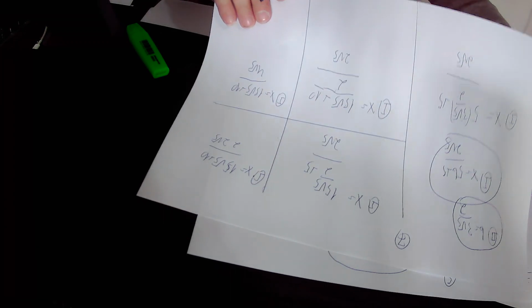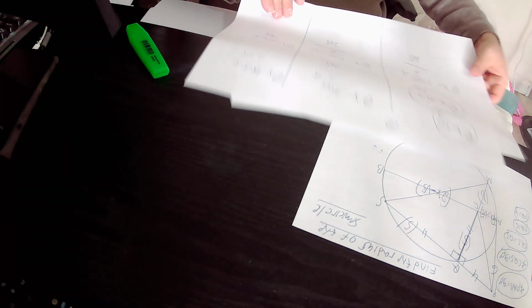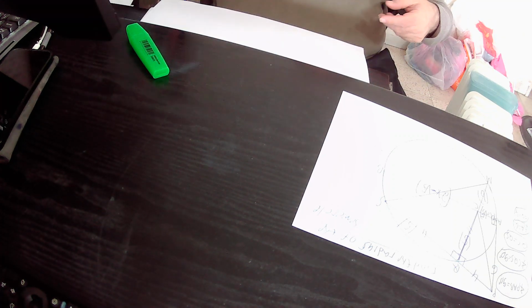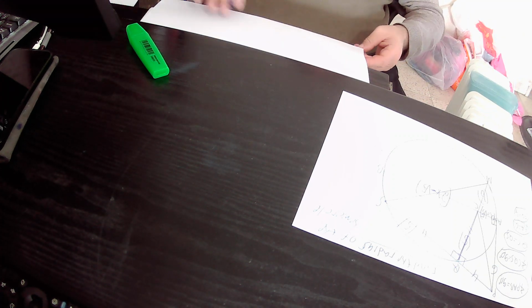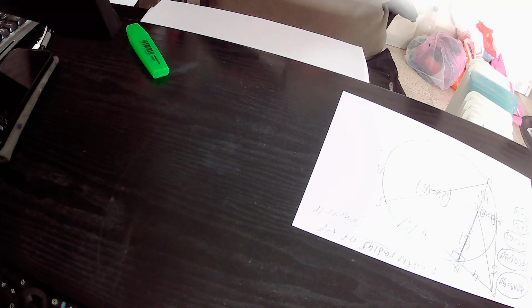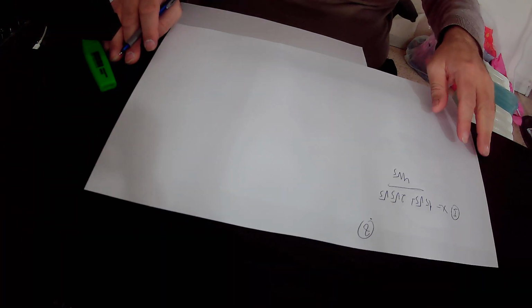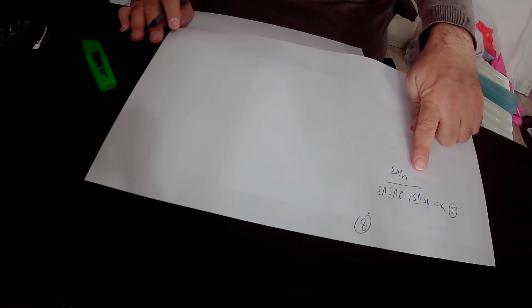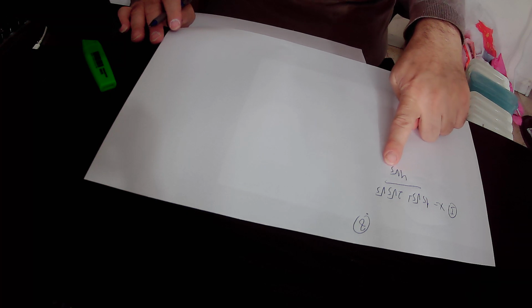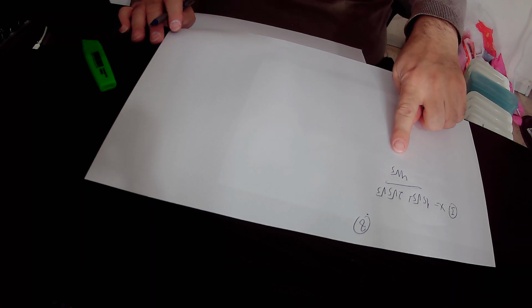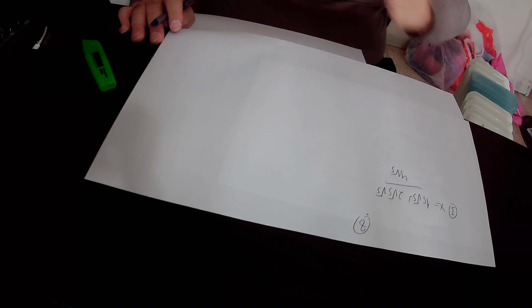Repeat again. We found that x equals 15 times square root of 5 plus 2 times square root of 5 times square root of 5 over 4 times square root of 5.